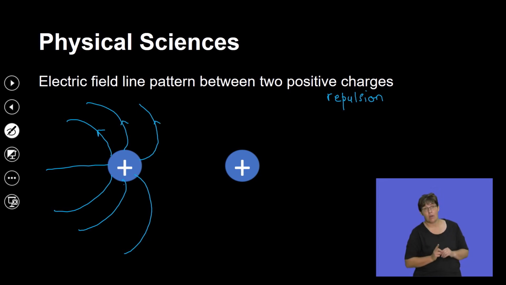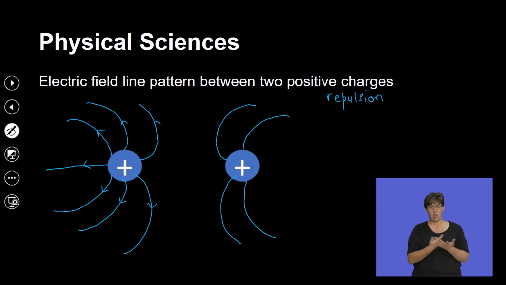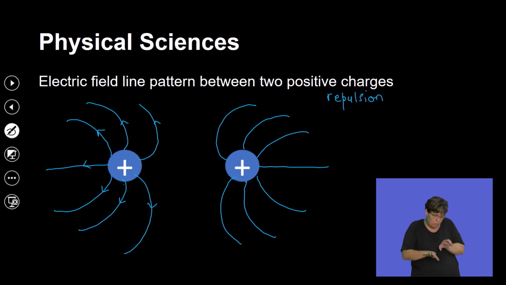So we are saying the direction of the field is from positive to negative. So if we've got a scenario like this, it means these are pushing away from each other. So the force is from the positive, away. That's the direction of the field pattern. That's how we represent the repulsive forces that exist between two positive point charges, right?